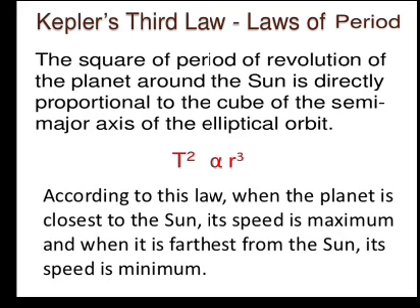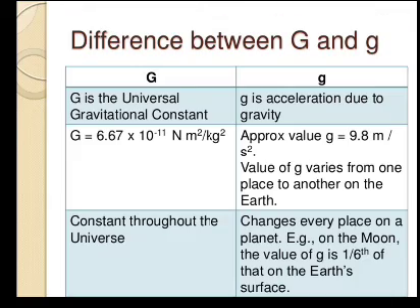While when the planet is farthest from the Sun, at that time the radius is increased, so the time period increases. Time period increases means velocity decreases. The speed of the planet decreases when the planet is away from the Sun.